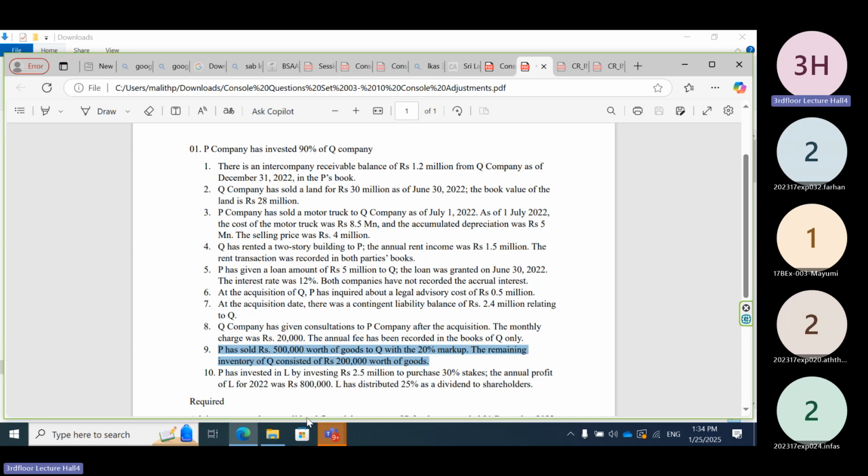Okay? This is the way. This is the cost of sale, this is the margin, this is the sale. This is the 20% markup. Then 120 to 20.